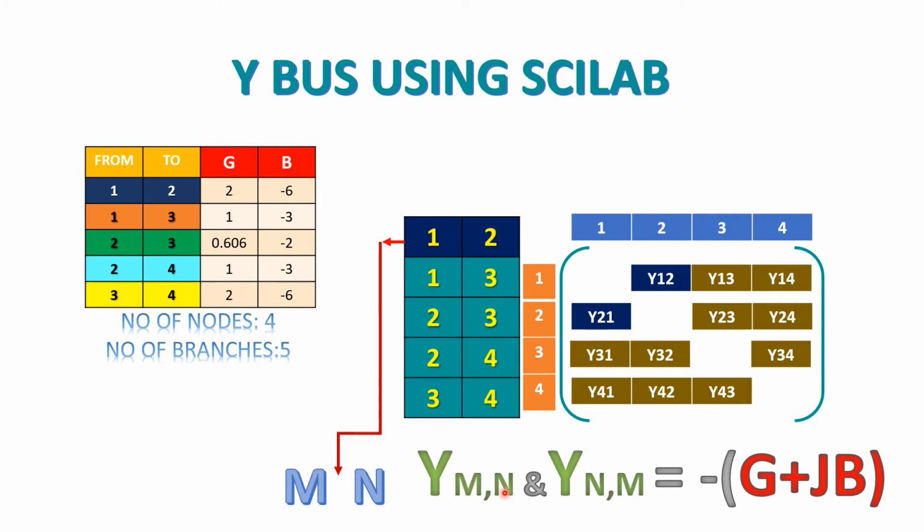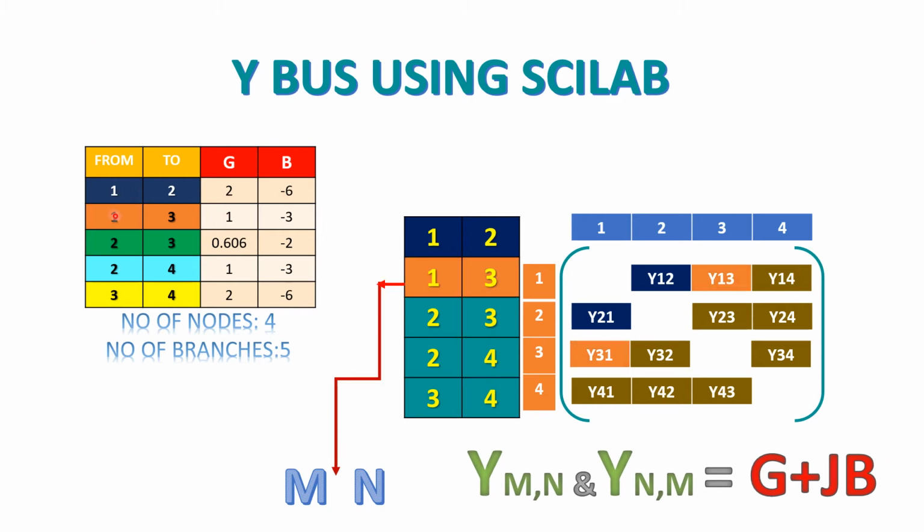So Y12 is equal to Y21. Y12 and Y21 are nothing but the values of g plus jb of the particular row. Now 2 minus j6 is nothing but the admittance Y12. Now the negative of that value we have to enter here. Likewise, now I got the first 2 elements from this table.